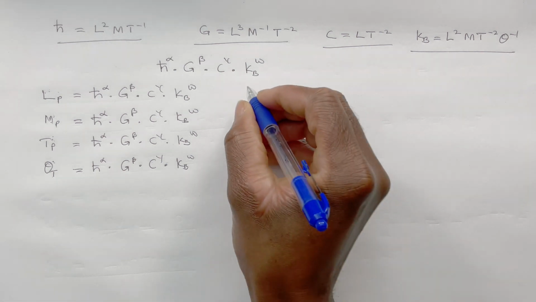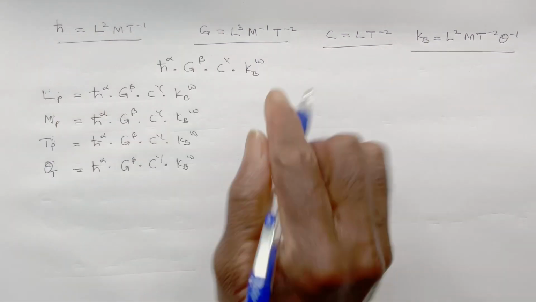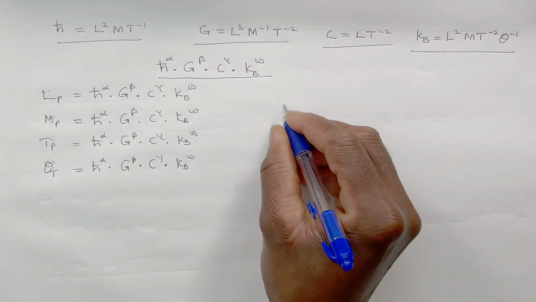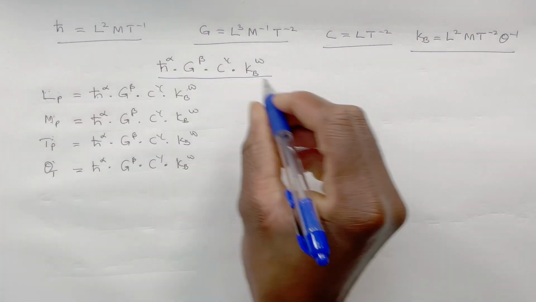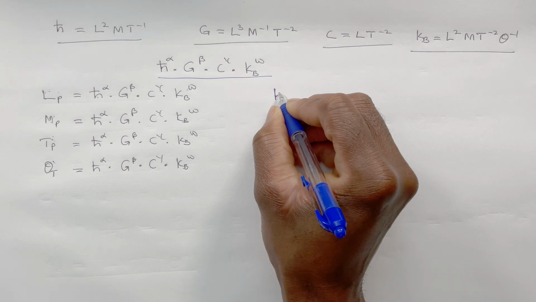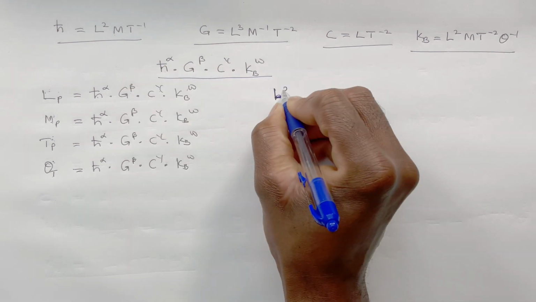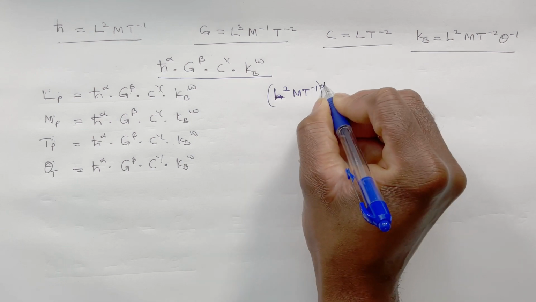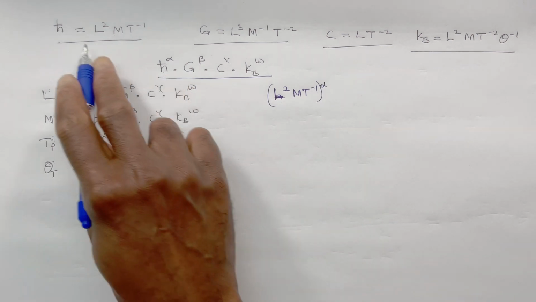Okay, so let's put this together by incorporating this in. I'm going to translate these now. H bar is L squared, M T to the power minus 1, all to the power alpha. I'm just replacing these here.